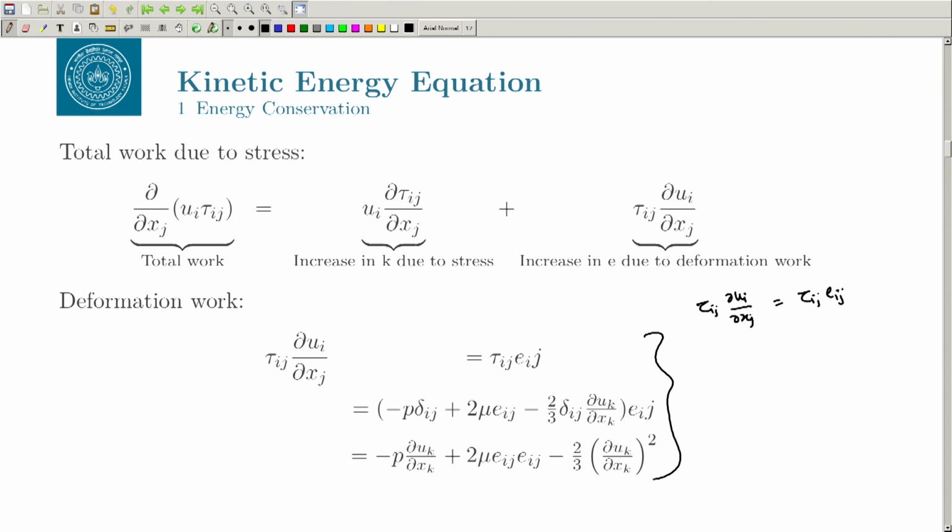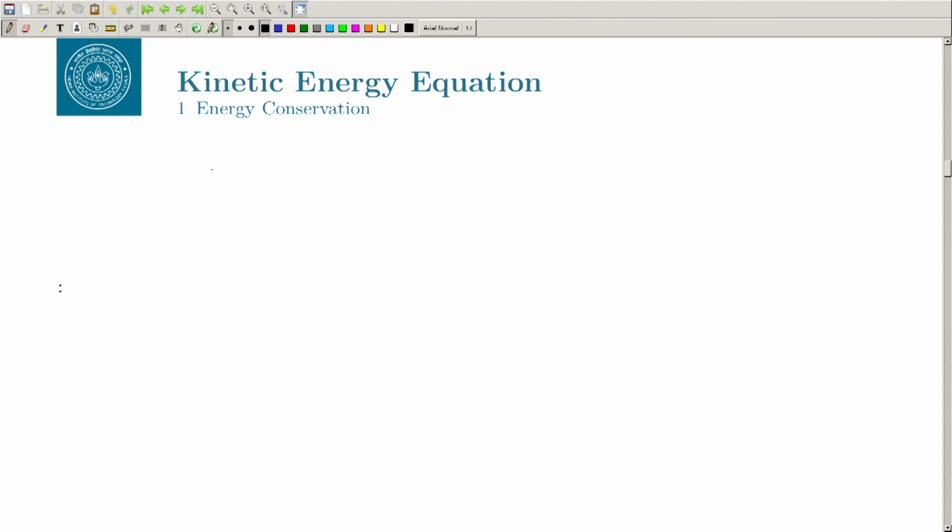And why is that? How can we write this gradient del ui by del xj as a symmetric tensor? This is because of the property that if you have a symmetric tensor, so tau ij is a symmetric tensor, multiplied with another tensor, only the symmetric part is retained, right, and we can prove it also, right. Let me just prove it here.